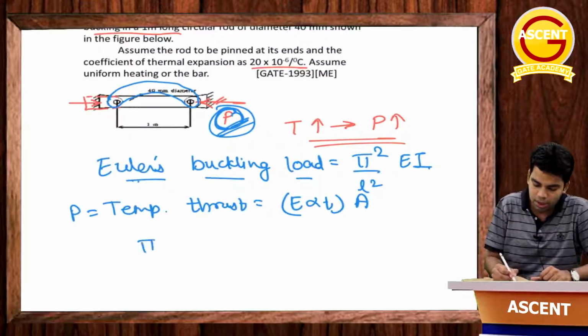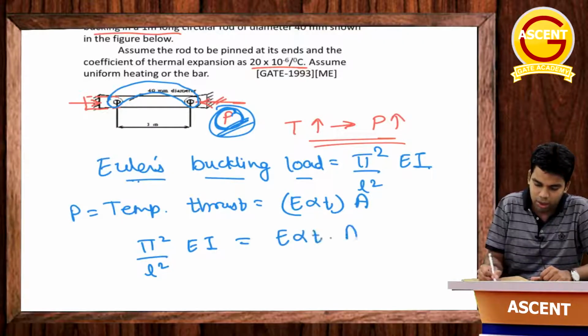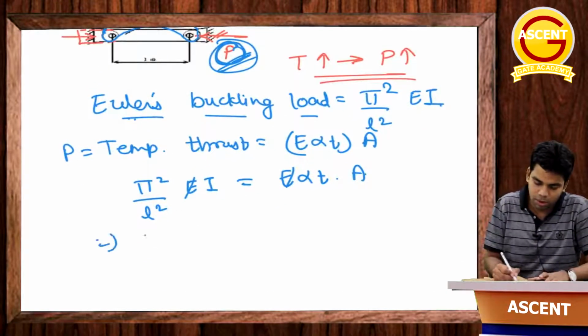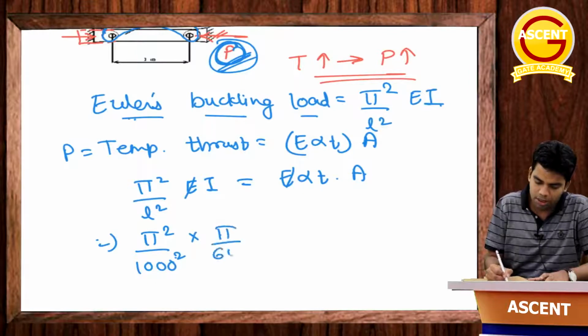So this Euler's buckling load, π²/L² into EI, should be equal to Eαt into area. E will be cancelled out from here. Just put the value. This will be equal to π² by L, which is 1000 mm, into I, which is π/64 into d⁴, 40⁴.